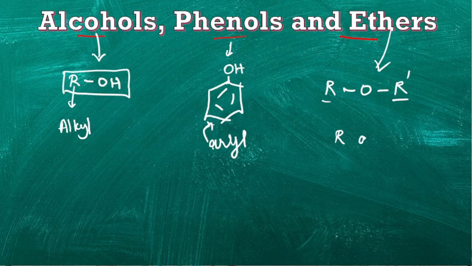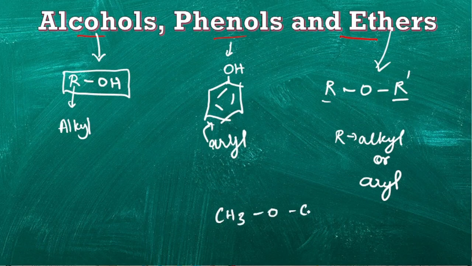This R can be an alkyl group or aryl group, R-O-R dash. For example, if I attach CH3 on one side, C2H5 can be on the other side, or a benzene ring can be present. Both sides can have different groups attached to oxygen.